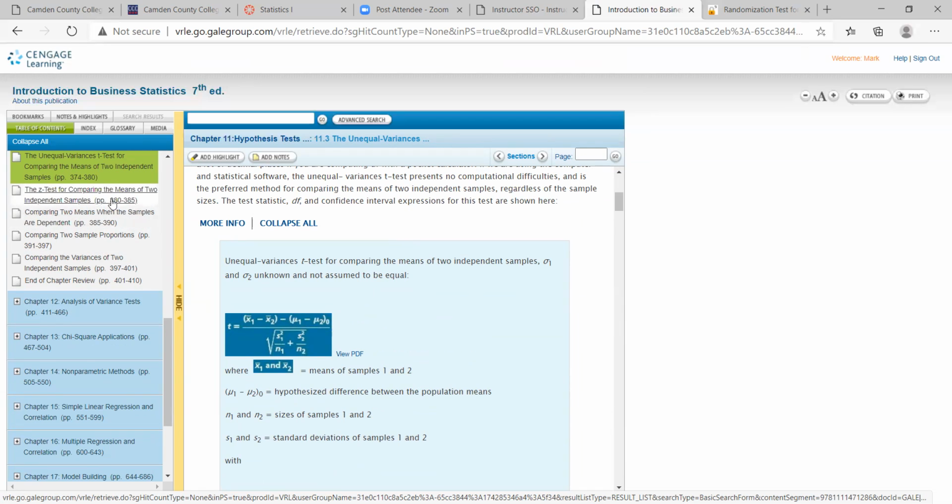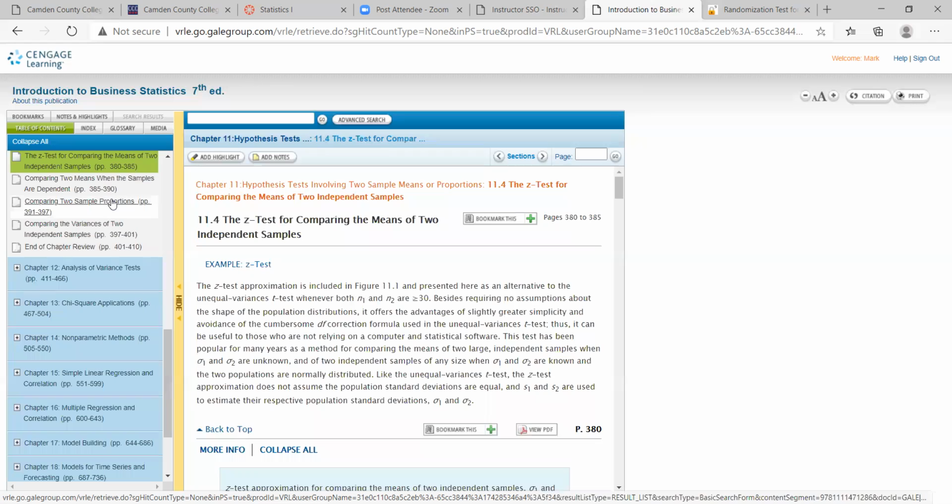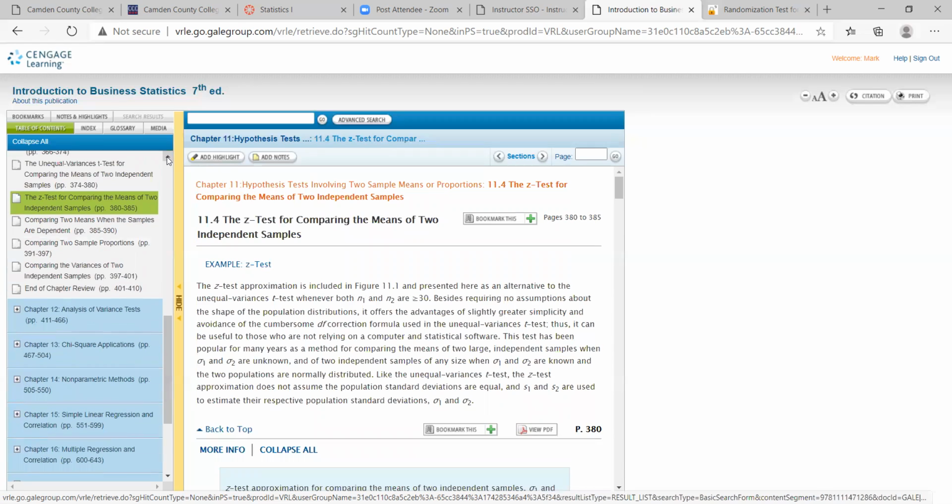Because I think if you took another course, basically you're going to be comparing the means. You're going to take the two means and subtract them. You're probably going to be saying the null hypothesis, the two means are 0, and the alternative hypothesis would be they're not 0, or greater than 0, or less than 0, like that.